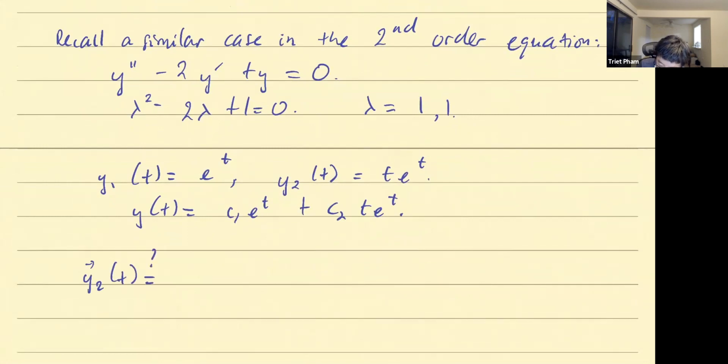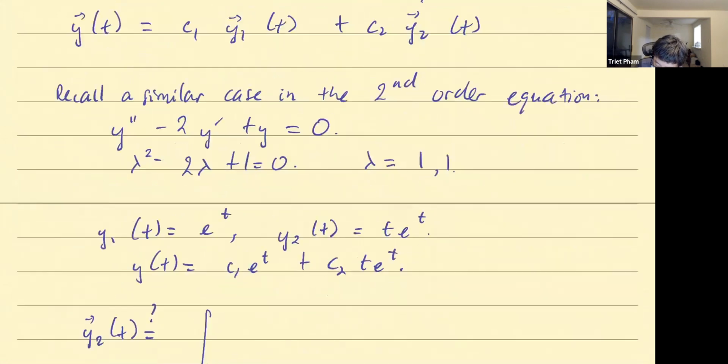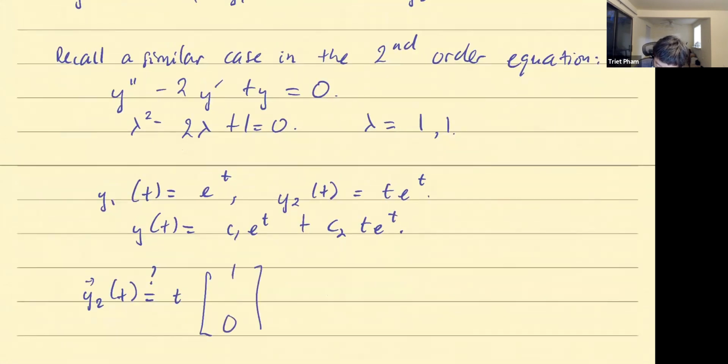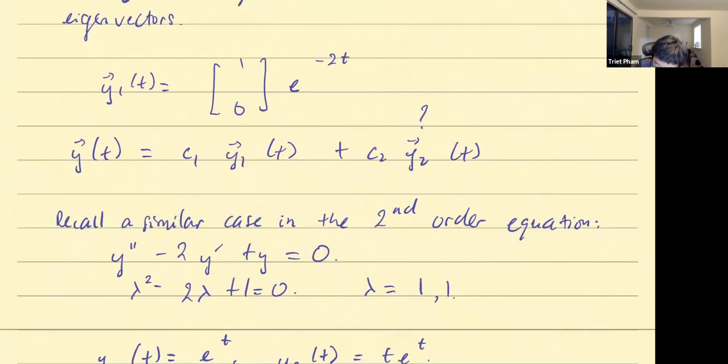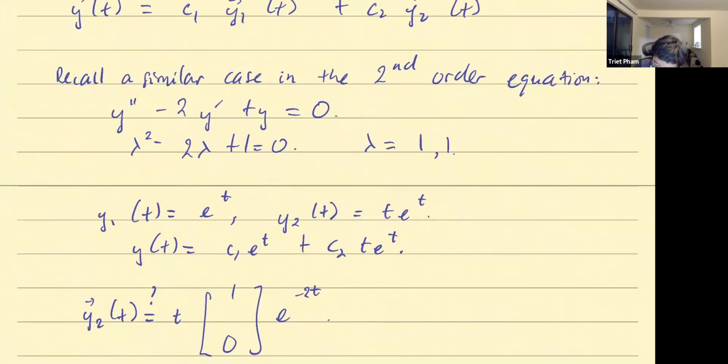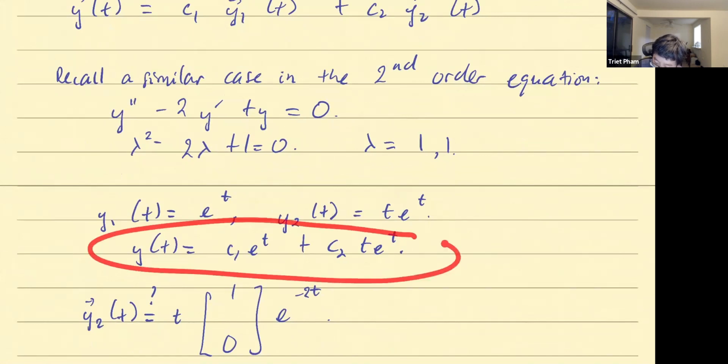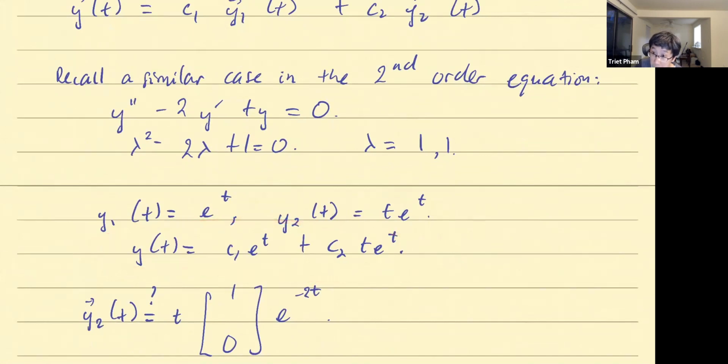In other words, you search for the second solution somehow. And let's say naively, like this. Motivated, sorry, minus 2t. Motivated from consideration like this. Any question here? I'll show you that this doesn't work.